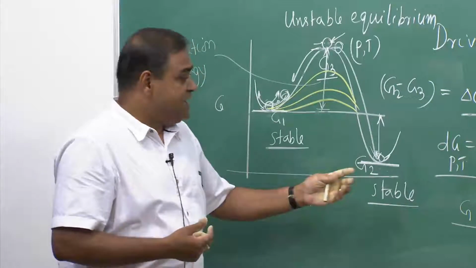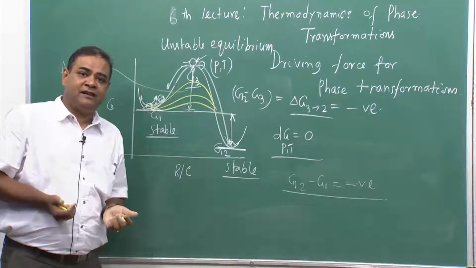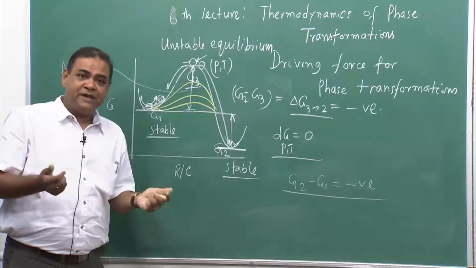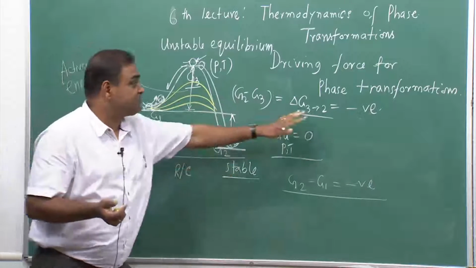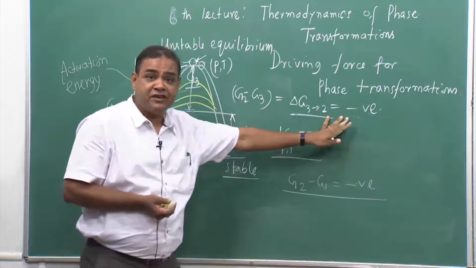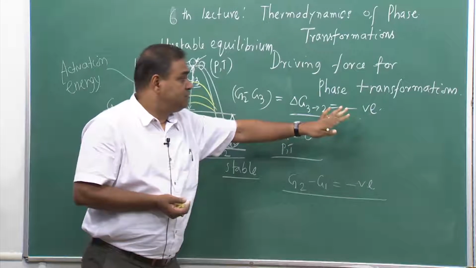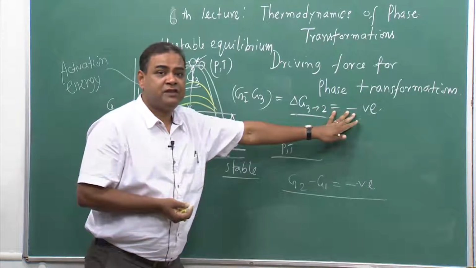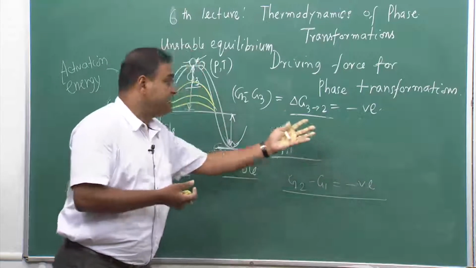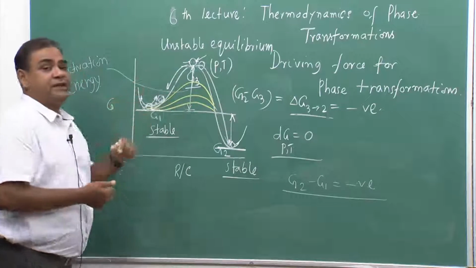So, if some process is spontaneous, that does not mean that the process would take place. A process can be spontaneous, that means there is a negative free energy change, but if we want to have that particular process in practice, we need to cross a barrier.